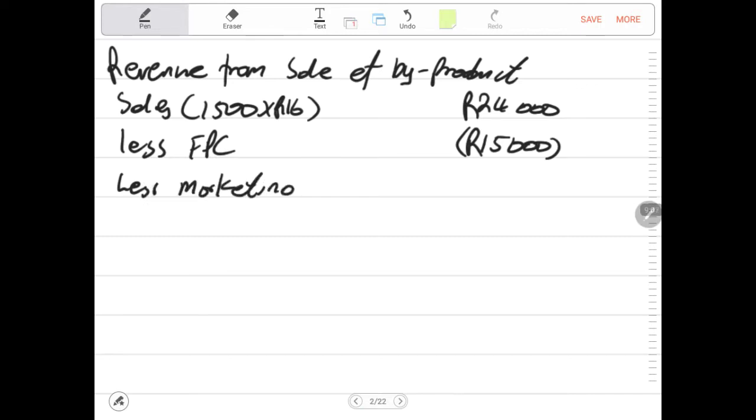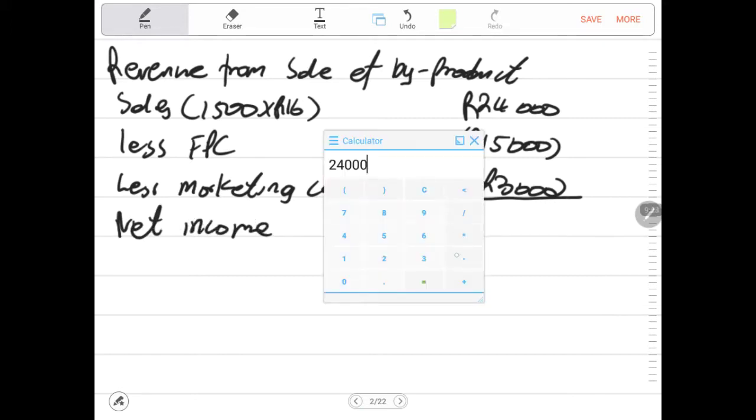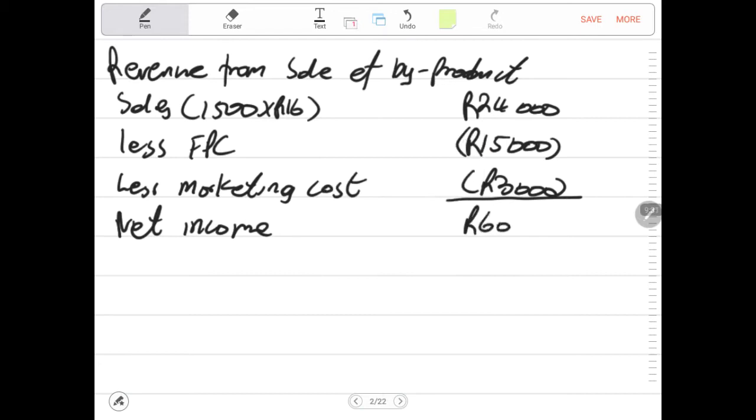Then we get to the net income from the sale of the byproduct, which will be the net of the two, minus 15,000 minus 3,000. Our net income from the sale of the byproduct is an amount of 6,000 rands. This should be 1 mark or 2 marks, depending on the person who was examining the paper and allocating marks.